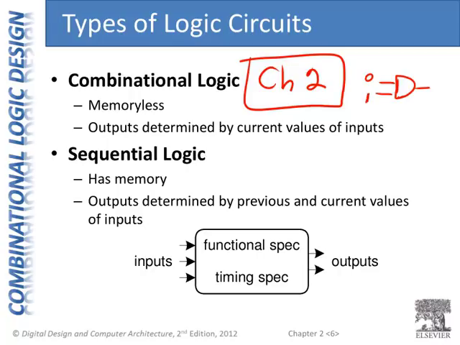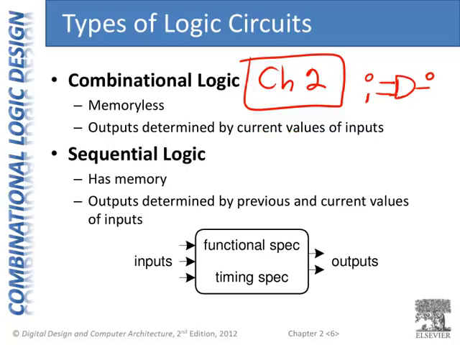1 on the other input, I can completely know, without knowing anything else but the input values, what the output is. In this case, if an AND gate has a 0 and a 1 on it, the output will be 0, independent of any prior input values. The output is completely determined by the current values of the input.